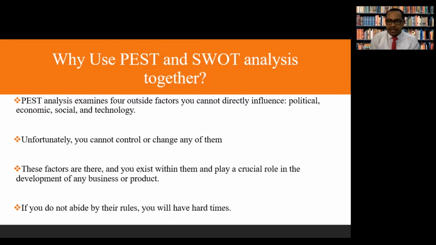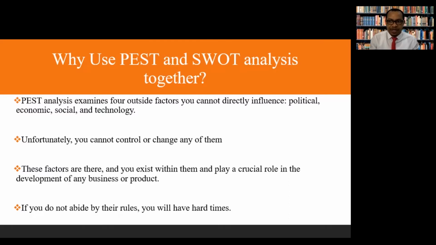PEST examines four important external factors facing a business: political factors, economic factors, social factors, and technological factors. Unfortunately, you cannot control or change any of these factors, and you are operating within the environment where all these factors exist.